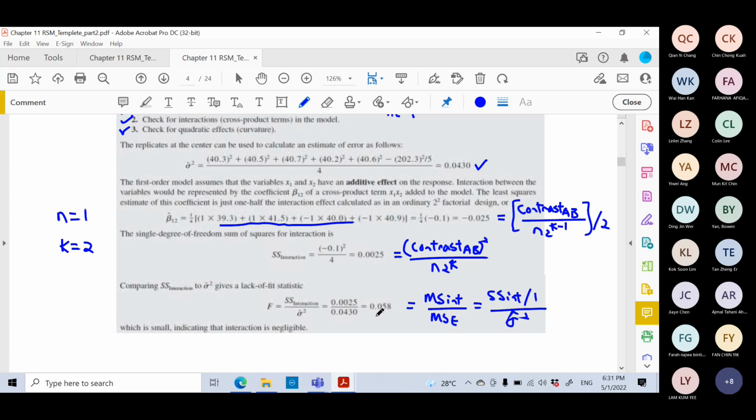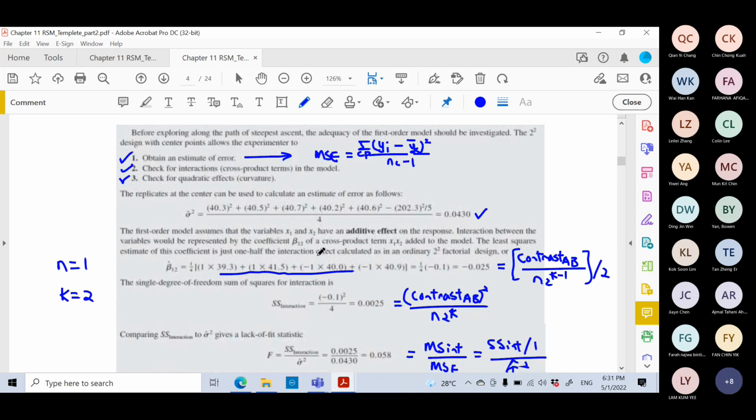This one is similar to the ANOVA table, where you check whether it's significant or not. Because this value is smaller than the F value, therefore this interaction is not necessary in the model. So in your model, you only involve the first order model, where the interaction is not important. So the interaction in the model shown here is not necessary.